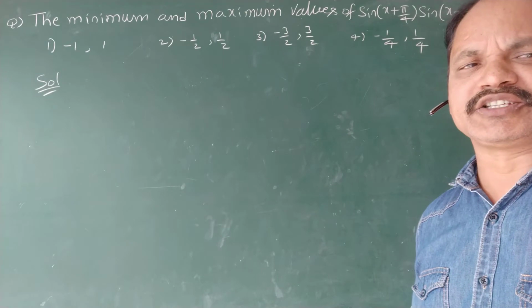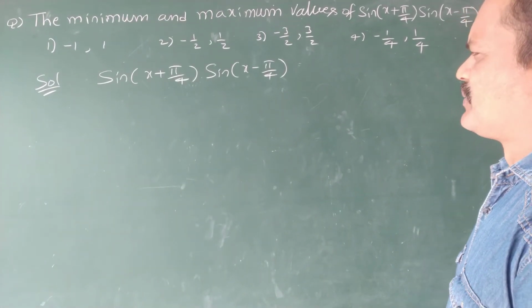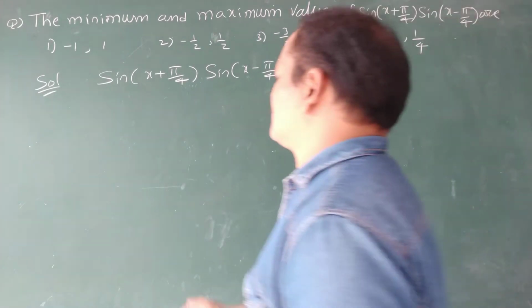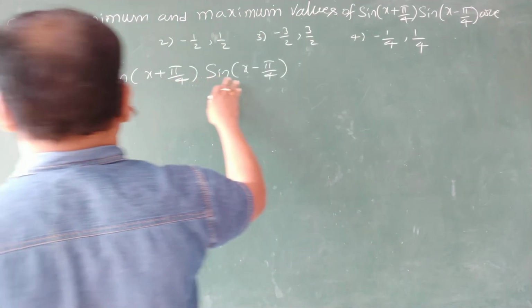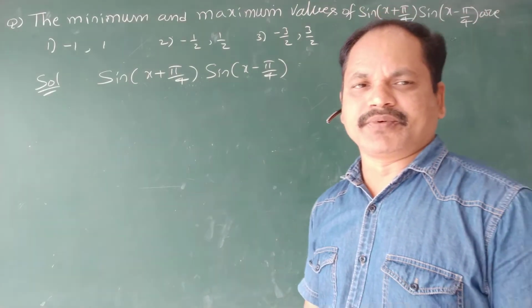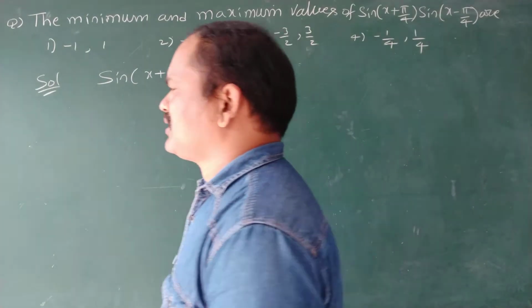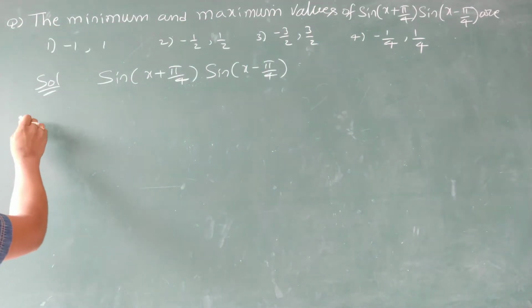Take the expression sin(x plus pi by 4) into sin(x minus pi by 4). This is of the form sin A sin B. If there is a 2, then it is 2 sin A sin B. The formula for 2 sin A sin B is cos(A minus B) minus cos(A plus B). That's why we have to divide and multiply by 2 here.